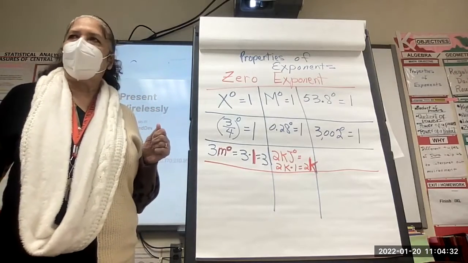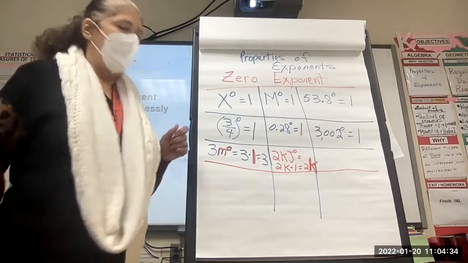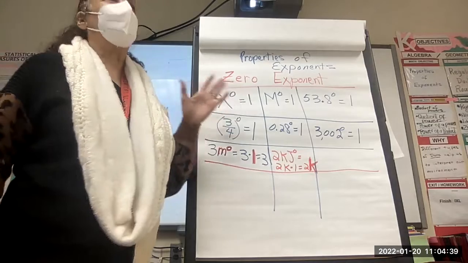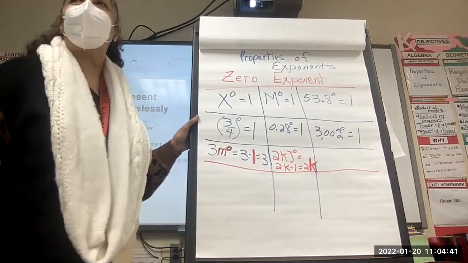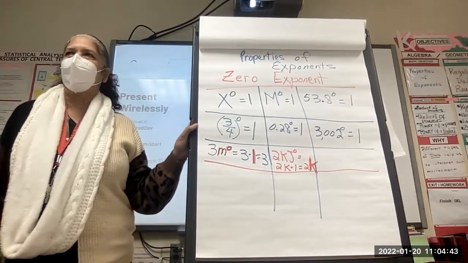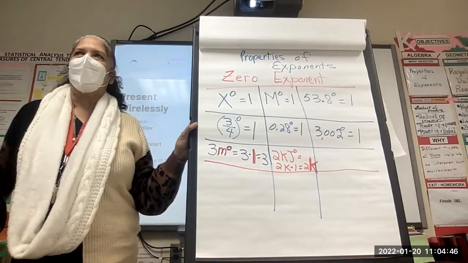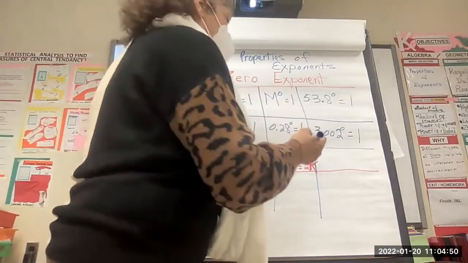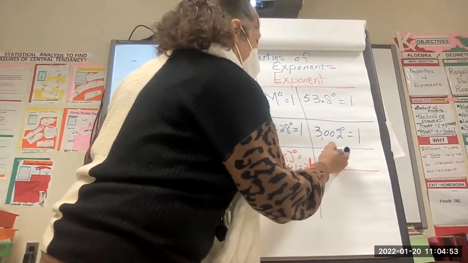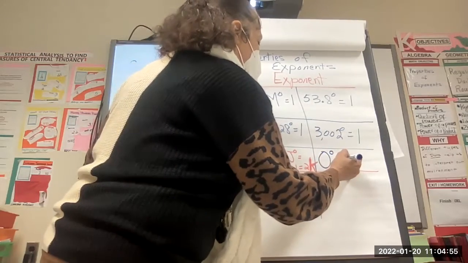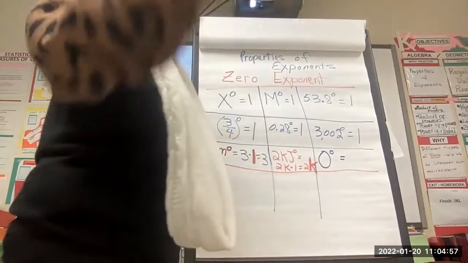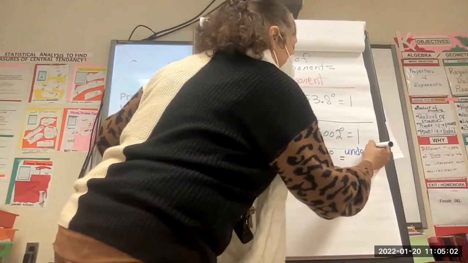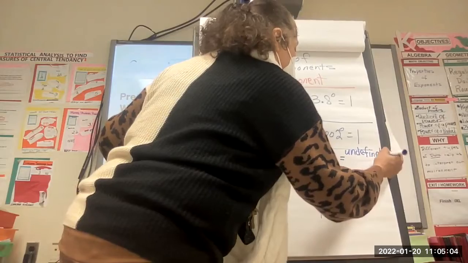And I want to point something else out to you. There's something that is undefined, and our mathematician back there, he wants to explain that to you. So go right ahead, sir. Okay, so our mathematician wants to explain to you that if you have 0 to the power of 0, that is called what, Mr. Mathematician? Undefined. Undefined. Can you tell them a little more about undefined?